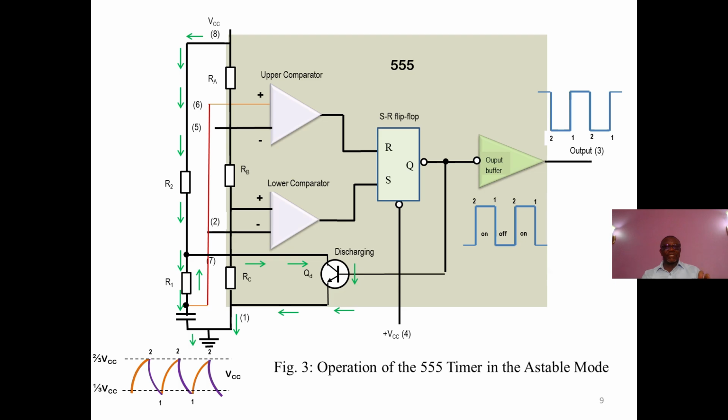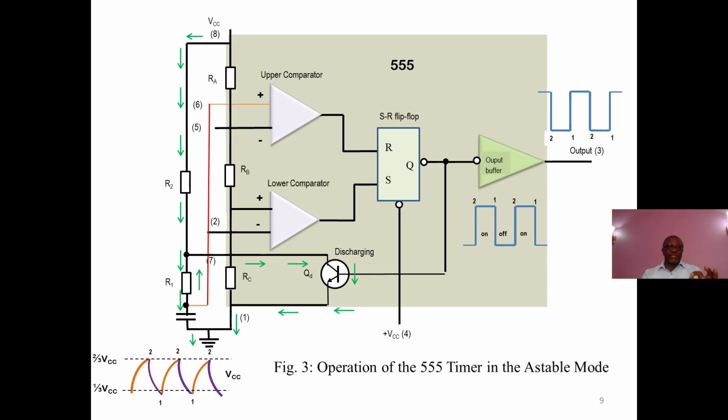So no voltage passes to get to pin 2, which is the trigger. That is why I used the red line to show the connection to pin 2.